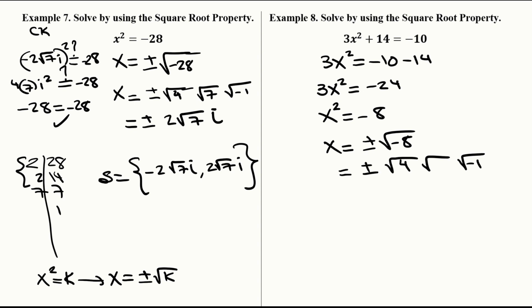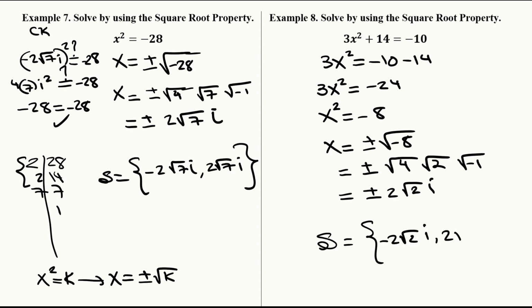Whatever is left goes into the next radical, which is 2. And we end up with positive or negative 2 radical 2i. And we can write our solution set as the set containing -2 radical 2i and 2 radical 2i.